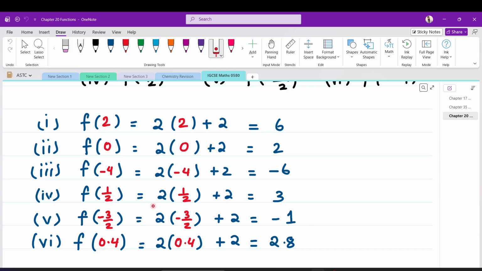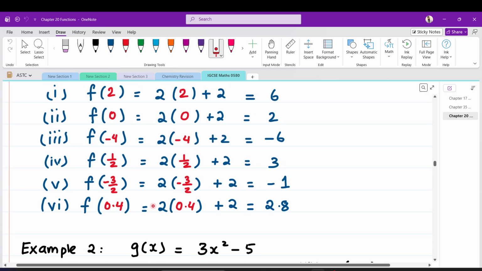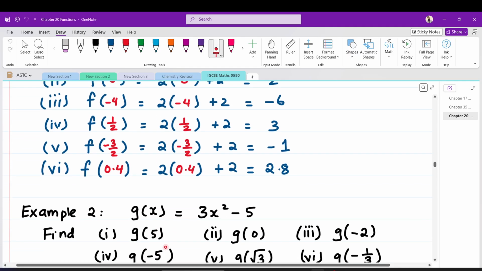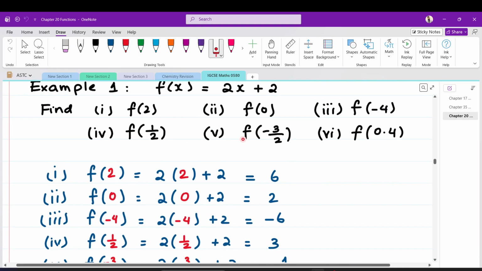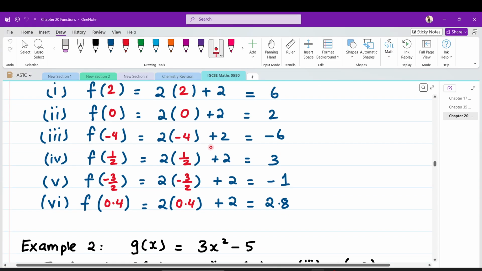Okay, so let's move to example 2. Now you have a function g of x equals 3x squared minus 5. Find g of 5. That's the first one. Although here we have a quadratic equation, and over here we had a linear equation, the main concept is the same.